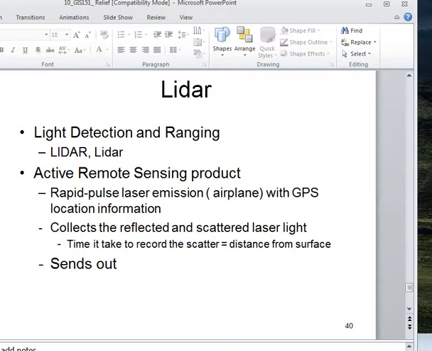So it'll send a laser down to the earth, and the time it takes that laser pulse to return is the distance between the apparatus and the surface of the earth, right? So it records the distance of the top of buildings, the distance between the building and the ground surface.